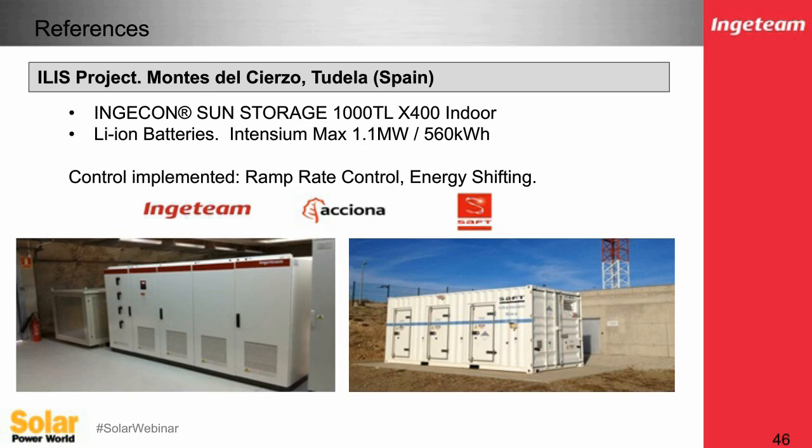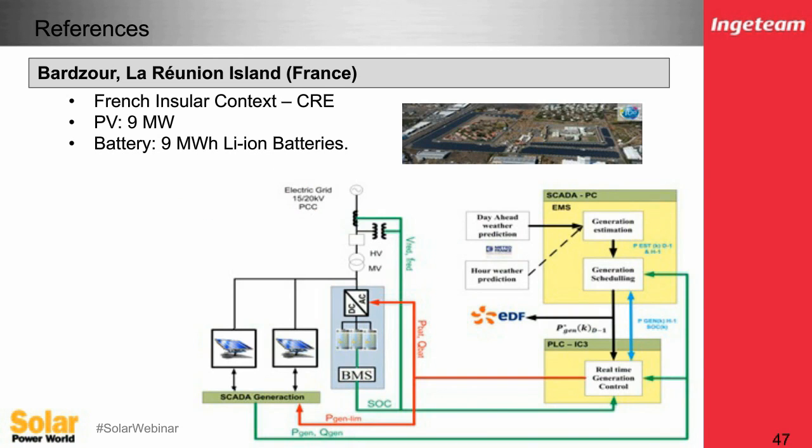Finally, a couple of references that we've integrated into the market. For PV plus storage, a plant in Spain utilizing lithium-ion technology for batteries required ramp rate controls and also energy shifting as a control application. A PV firming application which Ingeteam has performed was on an island in the Indian Ocean, as this example shows, utilizing the PV plus storage system, and it predicts in advance.